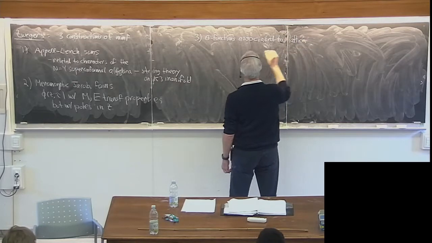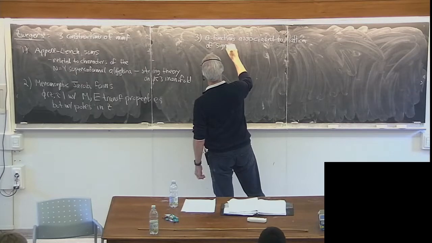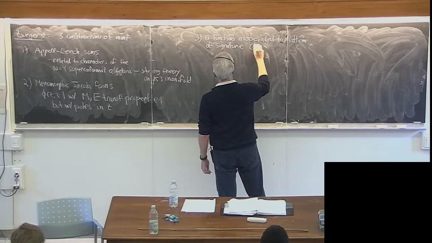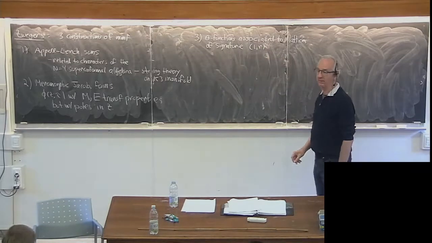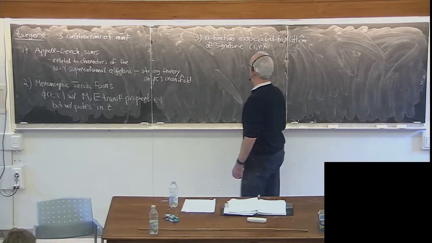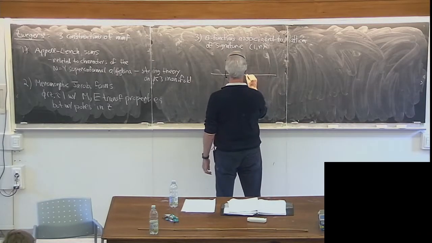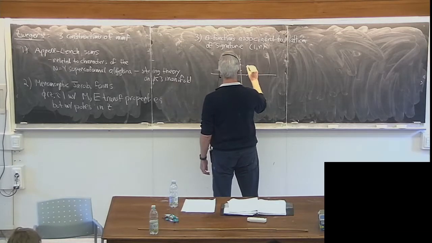And then the third construction that he gave was in terms of theta functions associated to lattices, but where the signature of the quadratic form that defines the inner product is not positive definite, but rather has one negative eigenvalue. So again, I'm not going to give you the details, but you have some lattice, but now think of this lattice as a lattice of, say, space-time points in 1+1 dimension.